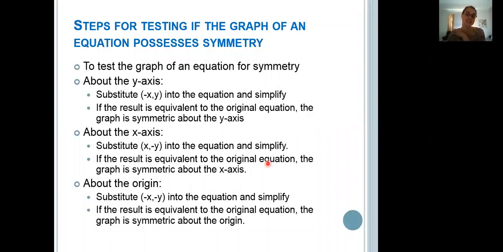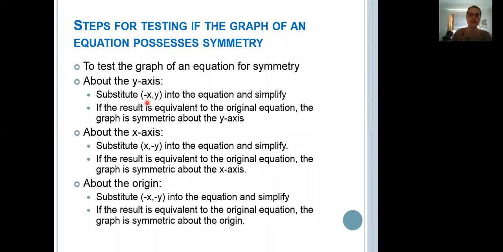So here's how we test this algebraically. To test for symmetry about the y-axis, remember with points, what we were looking for to see if points were symmetrical about the y-axis? We were looking for same y's and equal but opposite x's, right? We use that same idea to test an equation for symmetry.